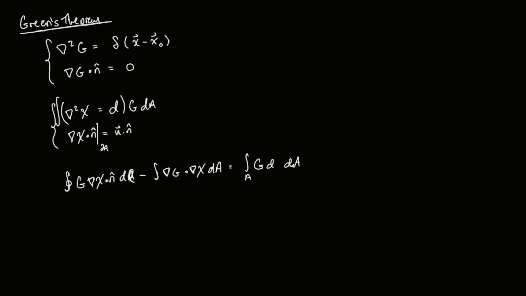This is again L, and this is a line integral, this is an area integral. And we can do the same thing up here, except here we're going to multiply by chi, integrate over space, and do an integration by parts once on that first term.